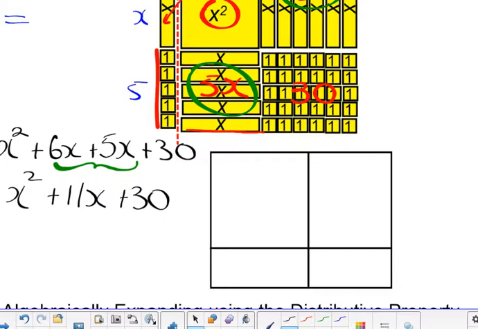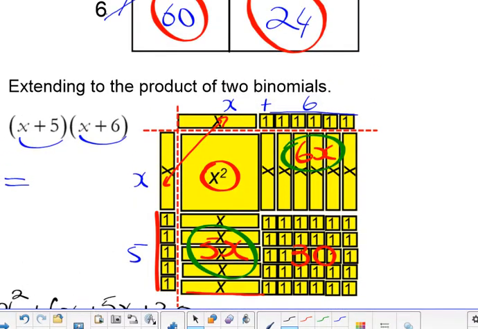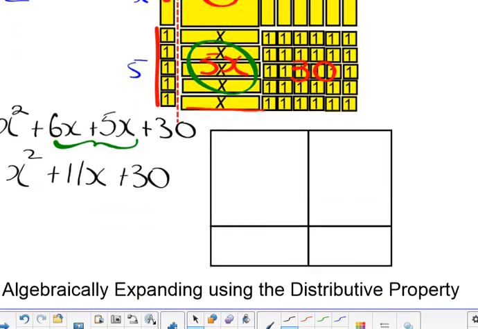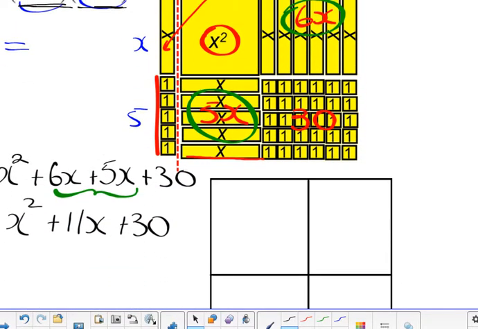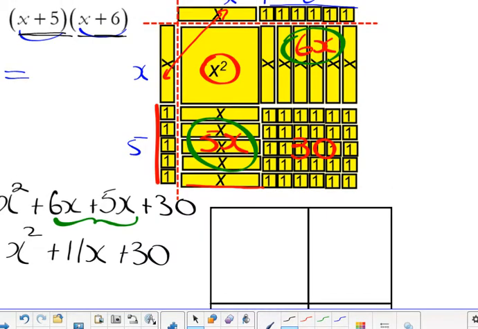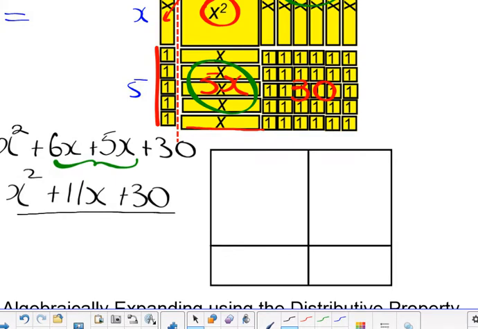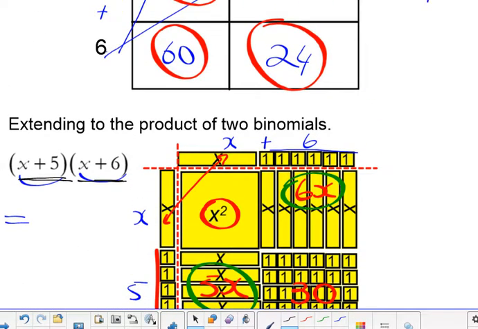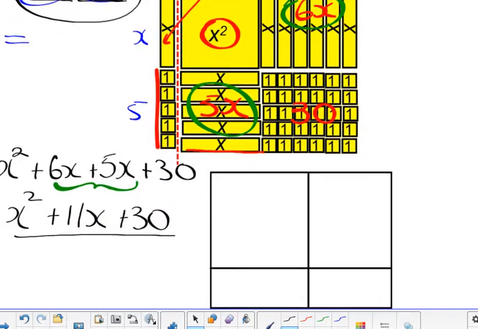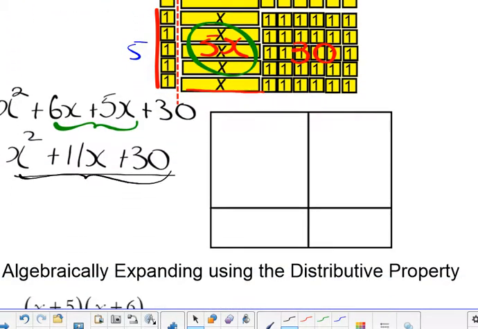So what we've done here, we've taken our product of two binomials and we've gone through and done a thing which in algebra is called expanding. Some people call it multiplying out, but we're going to call it expanding, and this is what it looks like when it's expanded. The interesting thing about it is this product is exactly the same as, or equivalent to, this expansion here.